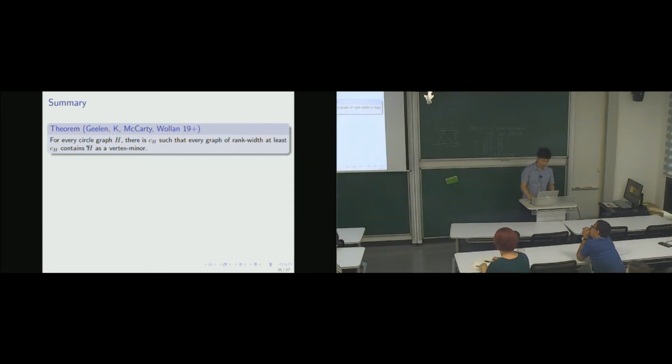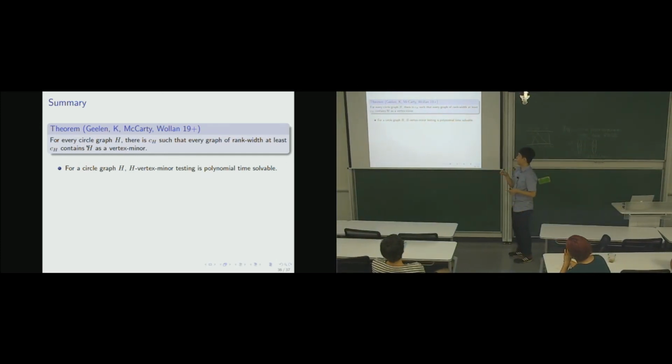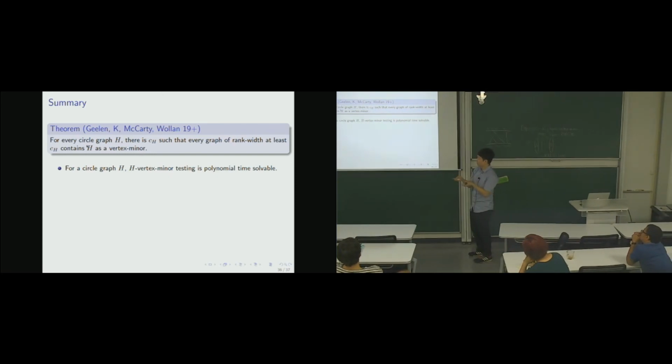So there are some questions. The algorithmic application of this is that H vertex-minor testing can be done in polynomial time for circle graphs. So if you want to test whether the given graph contains some fixed circle graph H as a vertex-minor, you know that if you don't have it, you have bounded rank-width, right?